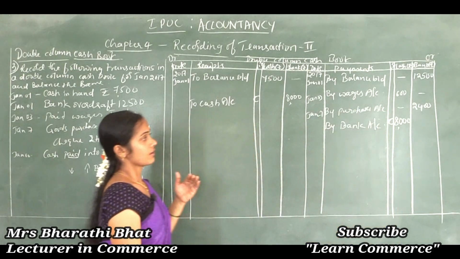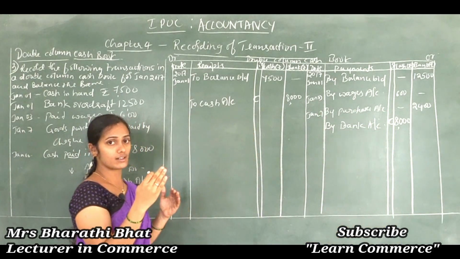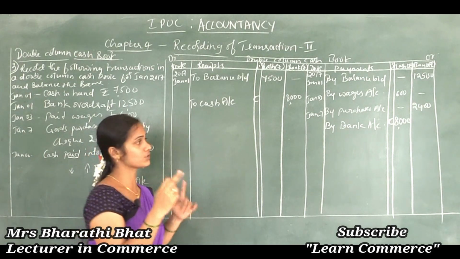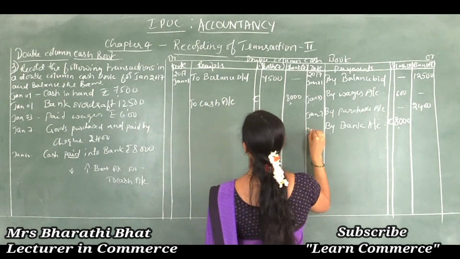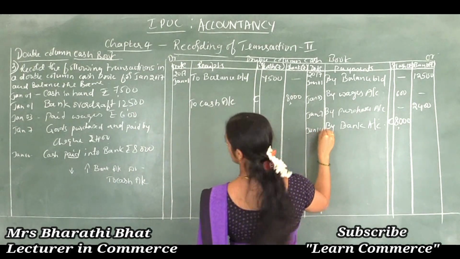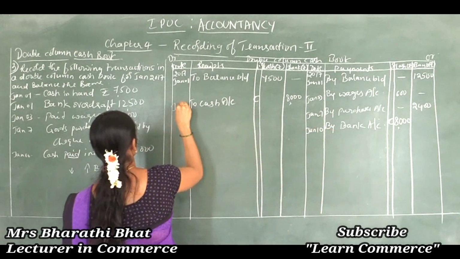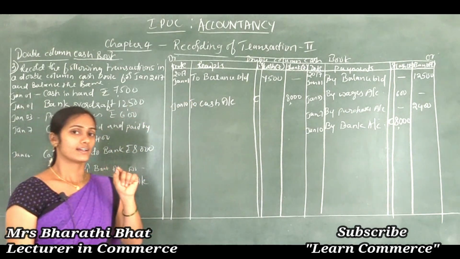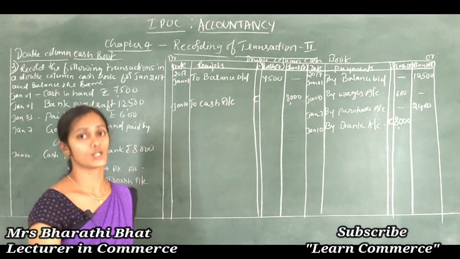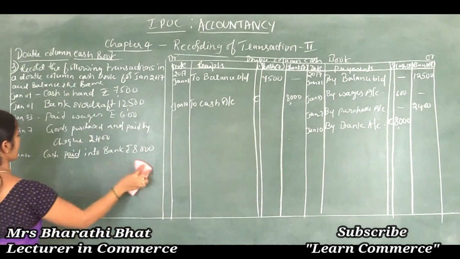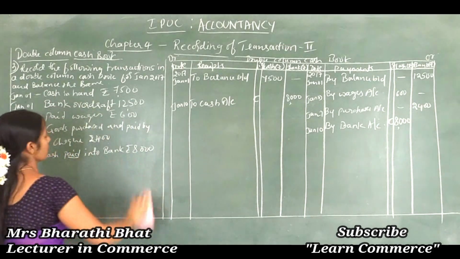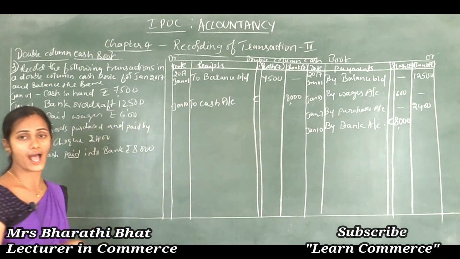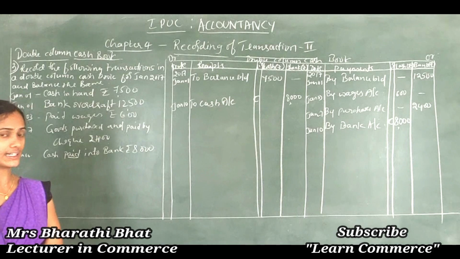To where we deposited the amount? To bank. So Jan 10, Jan 10 and Jan 10. This is the contra entry. When a transaction affects both cash and bank, for such a transaction we need to pass a contra entry. Clear now?